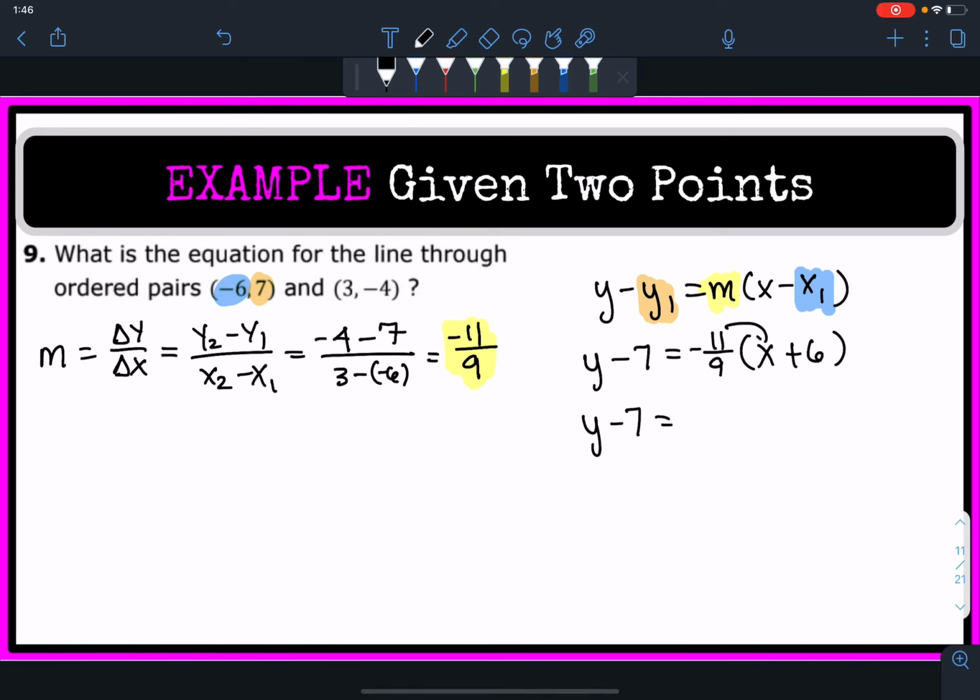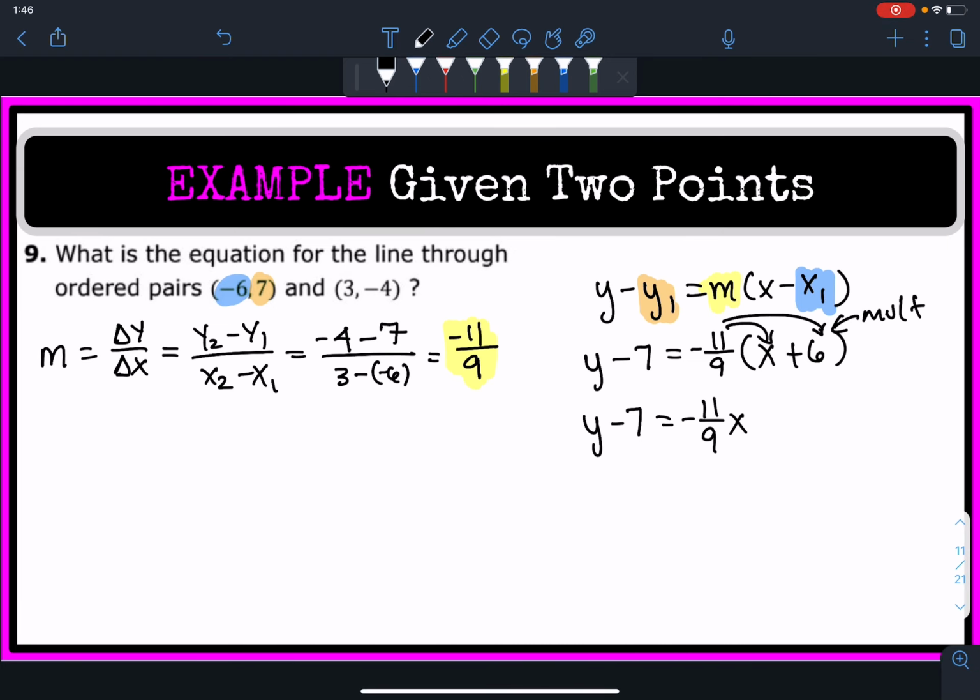So distributing here, and remember, do not forget to multiply that second number. We're going to get -11 over 9 x, and let's see, -11 over 9 times 6 over 1, that's equal to -66 over 9, which can be divided, both numbers can be divided by 3, which is -22 over 3.